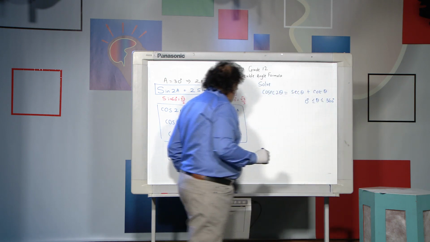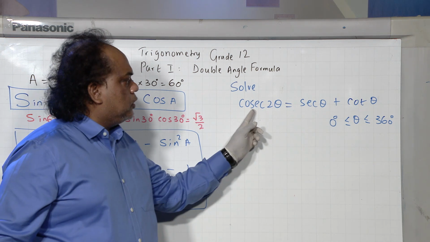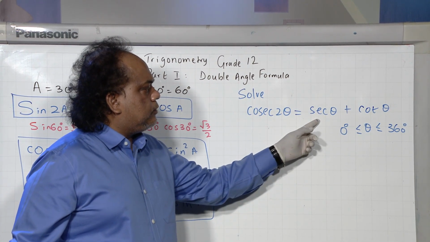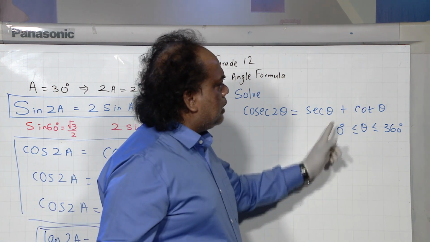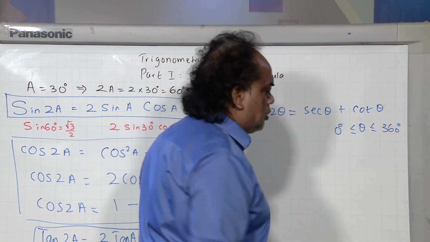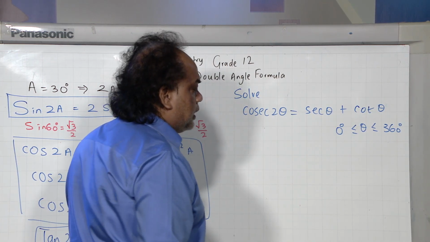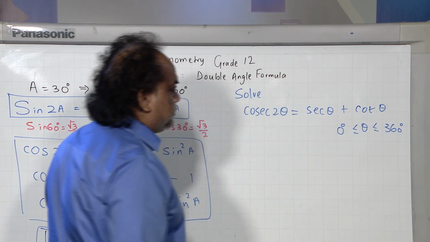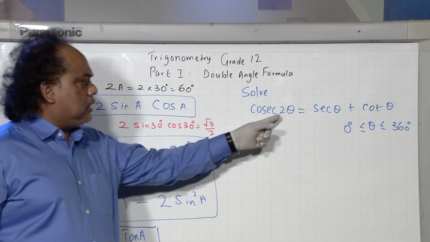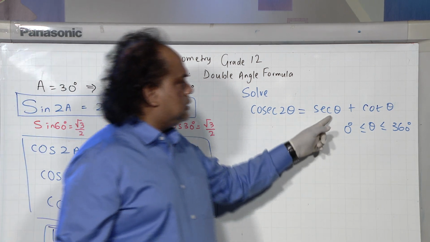So, solve cosec 2 theta is equal to sec theta plus cot theta. Find all angles that satisfy this equation between 0 and 360 degrees.